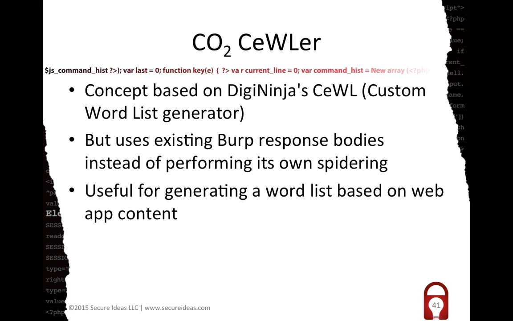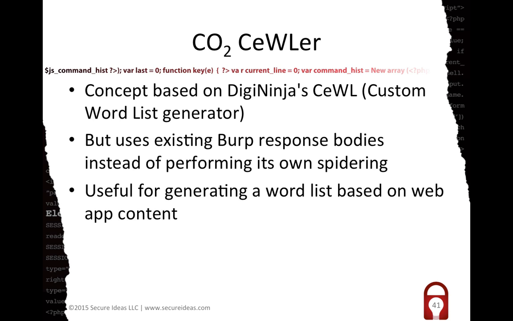Okay, Cooler. For those who are familiar with DigiNinja's CeWL tool, this is the same idea in concept. One of the key differences is that CeWL will spider. You point it at a URL, and it will spider the site for you, collect the words in the content throughout that site, and generate a word list from that.